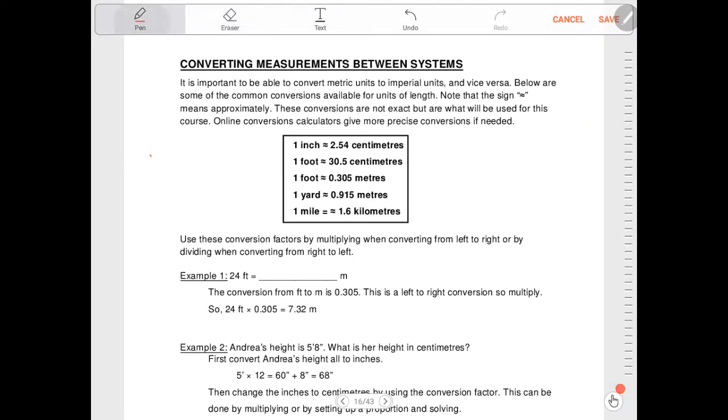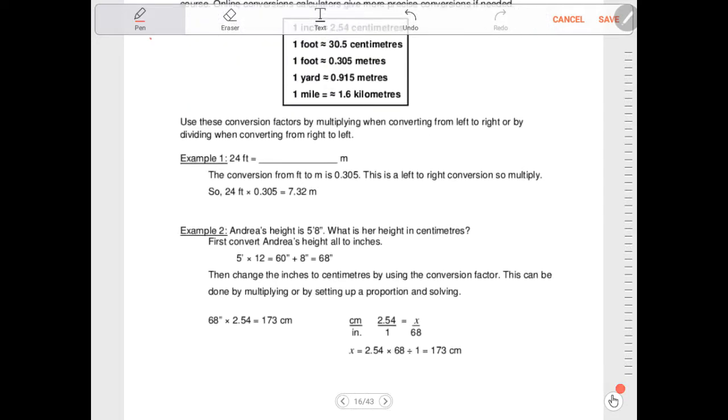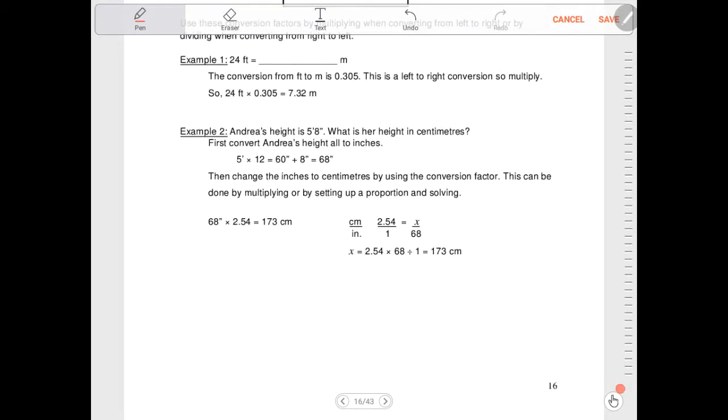There are some bumps in the road, per se, that might come along. If you look at example 2, it says a person's height is 5 feet 8 inches, and they want that in centimeters. The problem you have here is that this is actually a combination of two things. We have feet and we have inches, which is going to make your life very difficult.